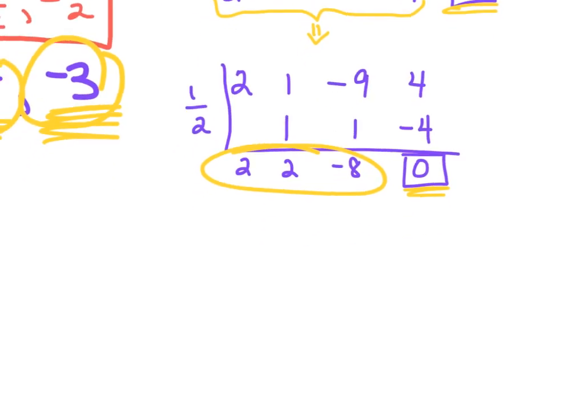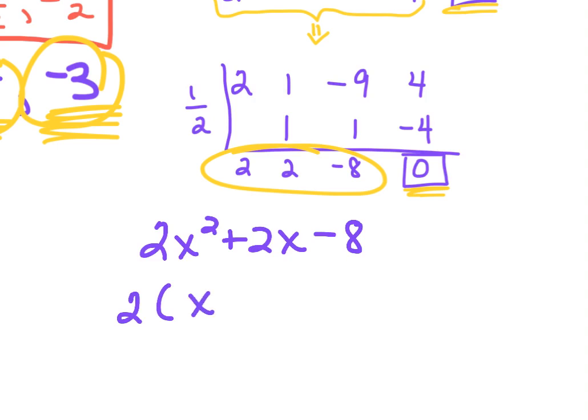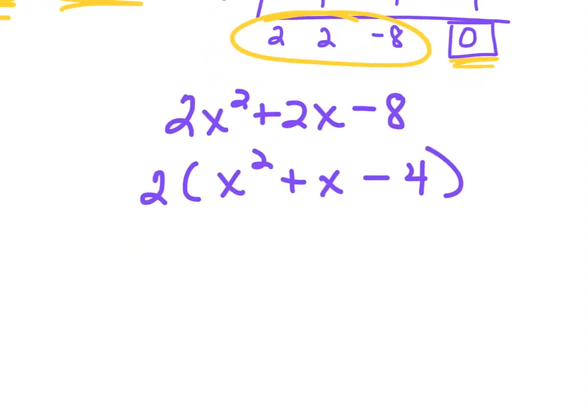So what I'm going to do is take 2x squared plus 2x minus 8 and see if it's factorable. X squared plus x minus 4. This is definitely not how I wrote it out when I did the problem earlier, but I should get the same answer still. There's no two numbers that multiply to negative 4 and add up to positive 1, so it's not factorable.